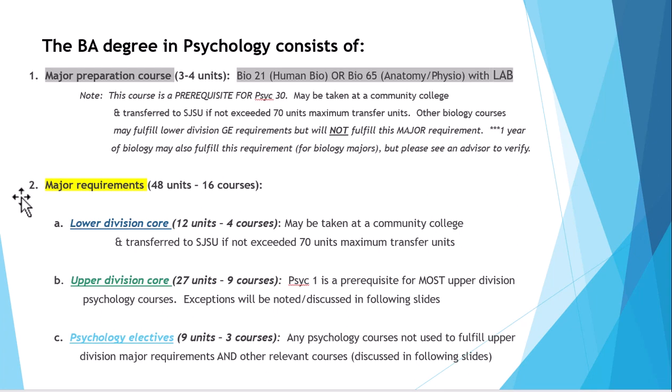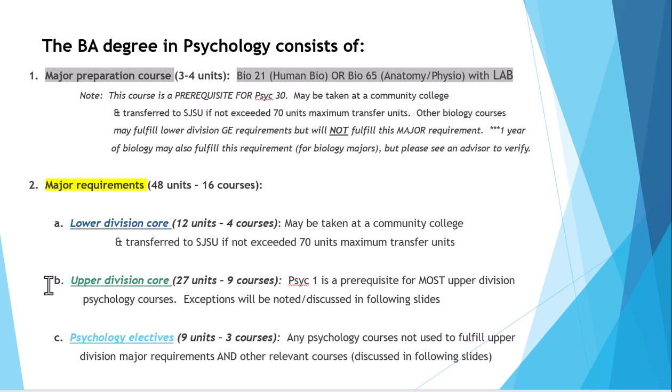Now, the major requirements are made up of 3 components: lower division core courses, upper division core courses, and psychology electives. If you go back to the figure, the lower division core are the courses marked in blue on the figure that I showed you earlier.